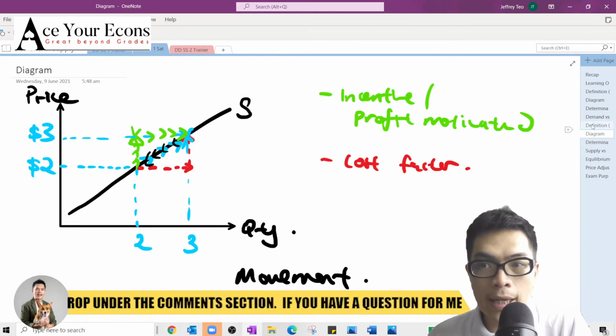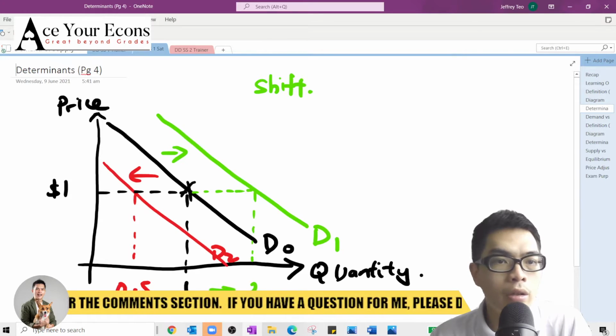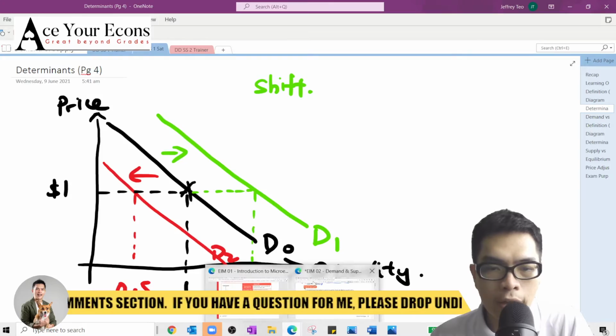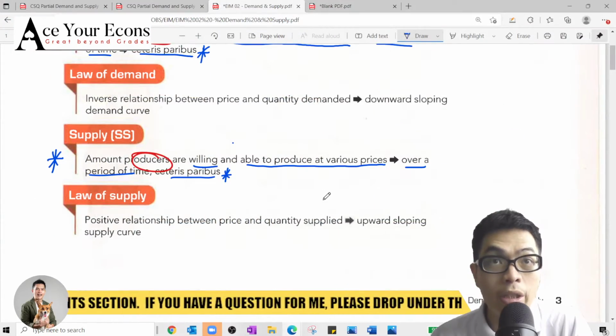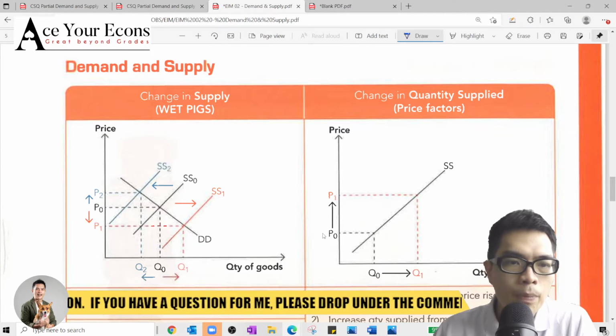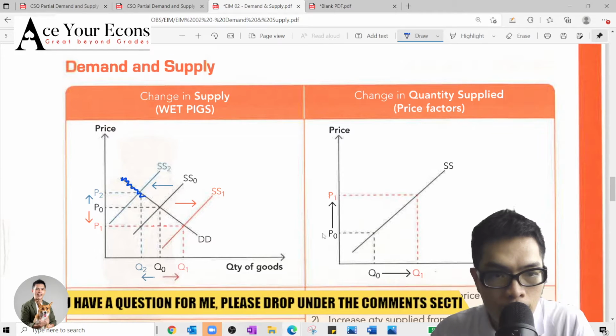Using the same analogy, remember just now for demand, I covered non-price factors, right? So I don't think I'll be redrawing this. I'll just go straight to the supply factors. Putting aside the demand curve, I just want you to remove this.